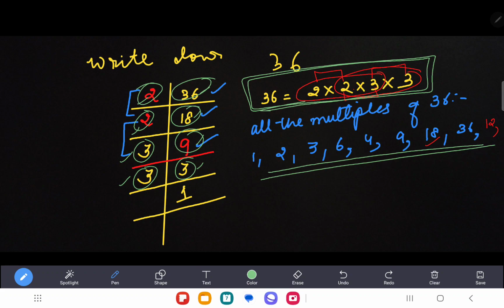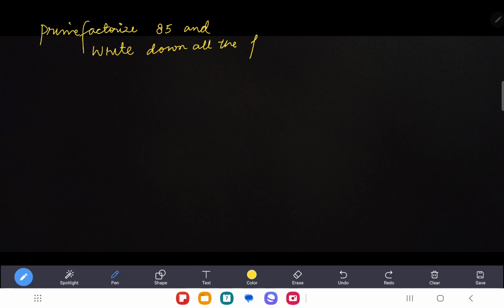Are you understanding my point? Now do this question. Last question, then I'm going to teach you a new concept. So do it properly, okay? You are supposed to write down first. The question says prime factorize 85 and write down all the factors of 85.